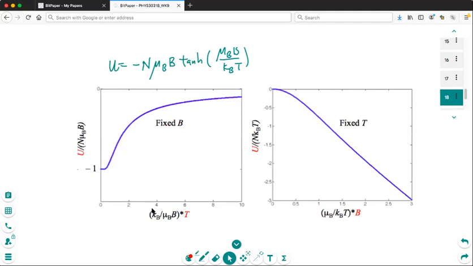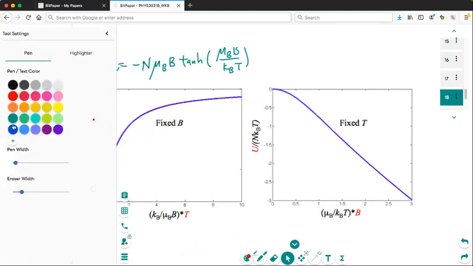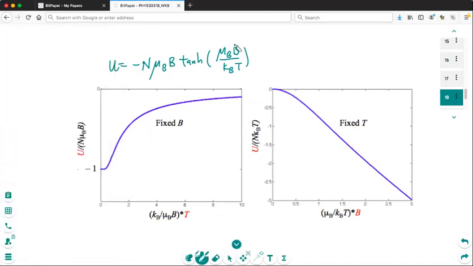Okay, so this is the function I plot for you.